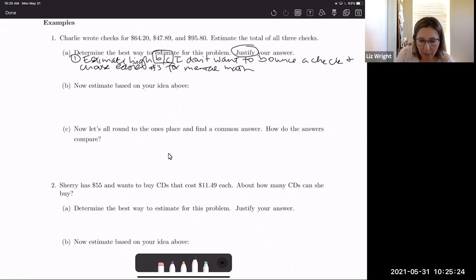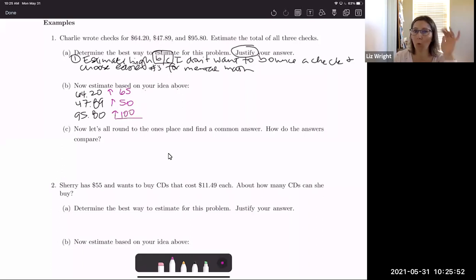So if I go 64.20 and 47.89 and 95.80, and if I'm just going quick, easy mental math, I might say, okay, this I'm going to round up to 65. This I'm going to round up to 50. And maybe this I'm going to round up to 100. And again, I know that that's going to be way over.